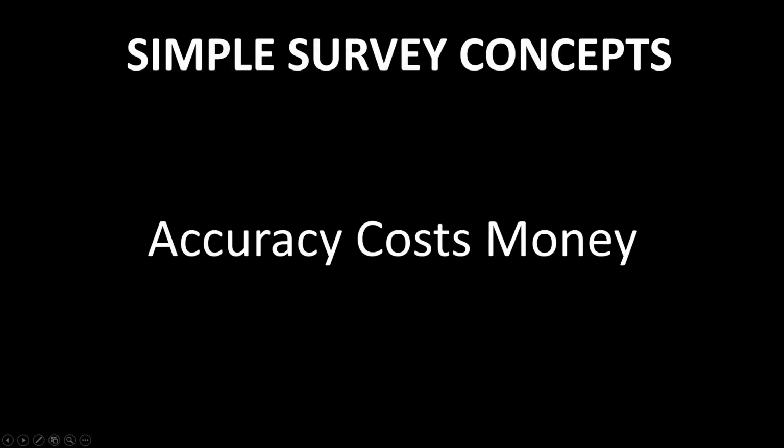Okay, now my simple survey concepts. Accuracy costs money. As I said earlier, the higher the accuracy, the longer the time, the more it costs. So it's really important that you have a good handle on the accuracy that's required. If you do everything to Rolls-Royce accuracy, it's going to be very expensive for your client.